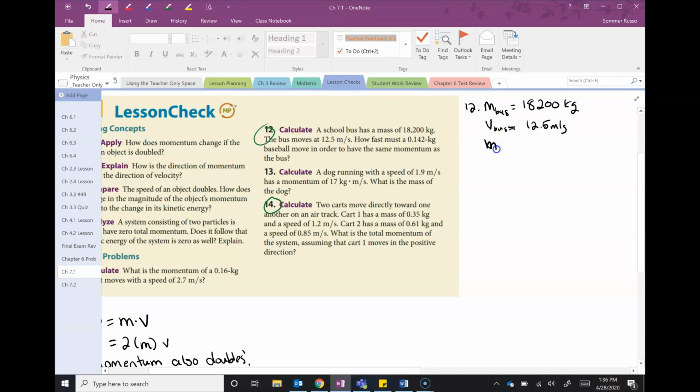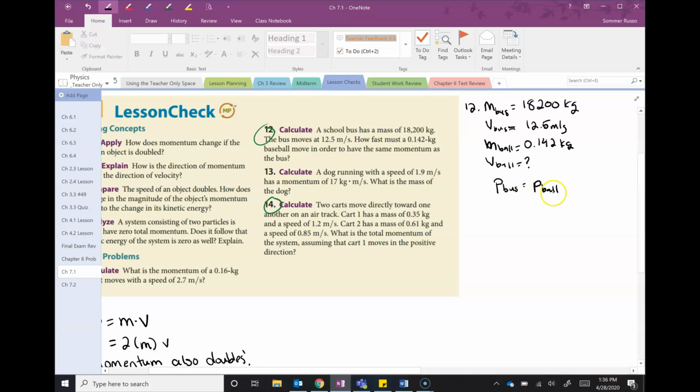We have the mass of the ball is equal to 0.142 kilograms. We want to know what is the speed of the ball when the momentum of the bus is equal to the momentum of the ball. That's the overwhelming idea here.